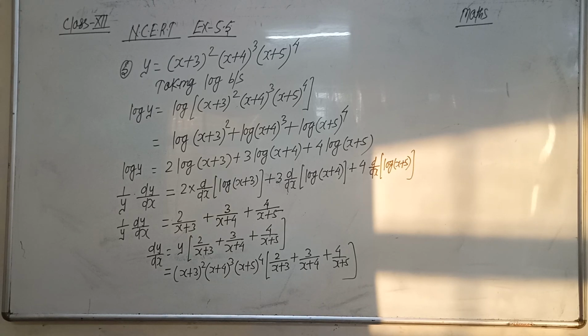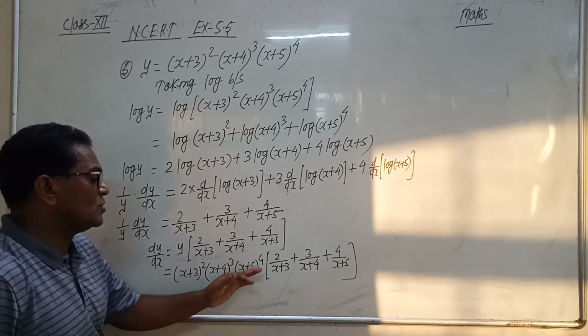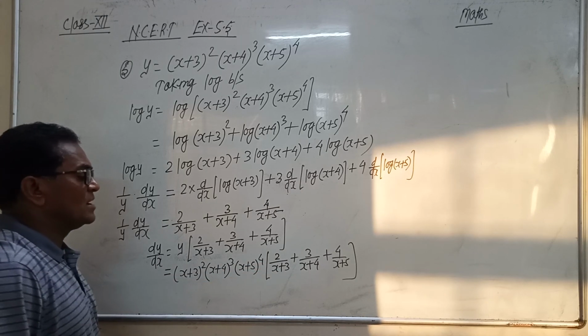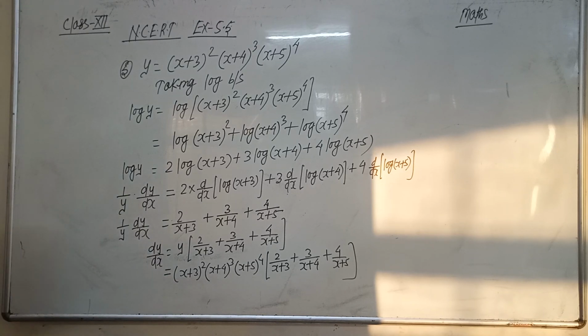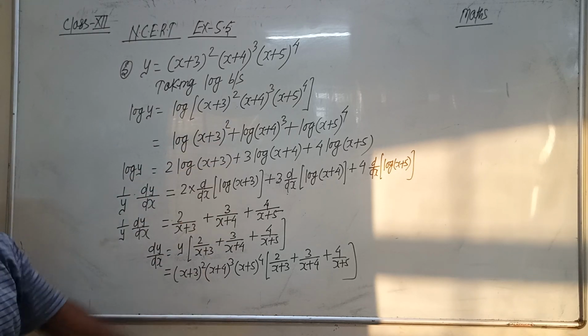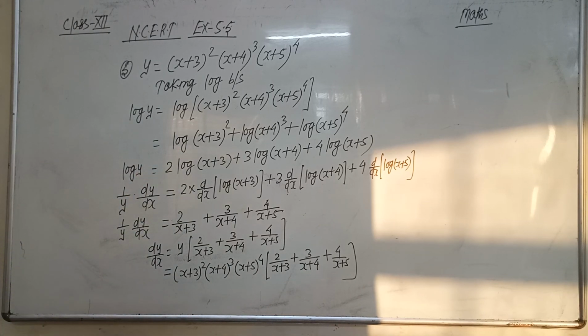dy by dx equals (x plus 3) the whole square, (x plus 4) the whole cube, (x plus 5) the whole 4, and in bracket 2 upon (x plus 3) plus 3 upon (x plus 4) plus 4 upon (x plus 5). So if there are terms in multiple form, product form, then we take log both sides, it becomes log y equals log of this, and we use the property of logarithm.